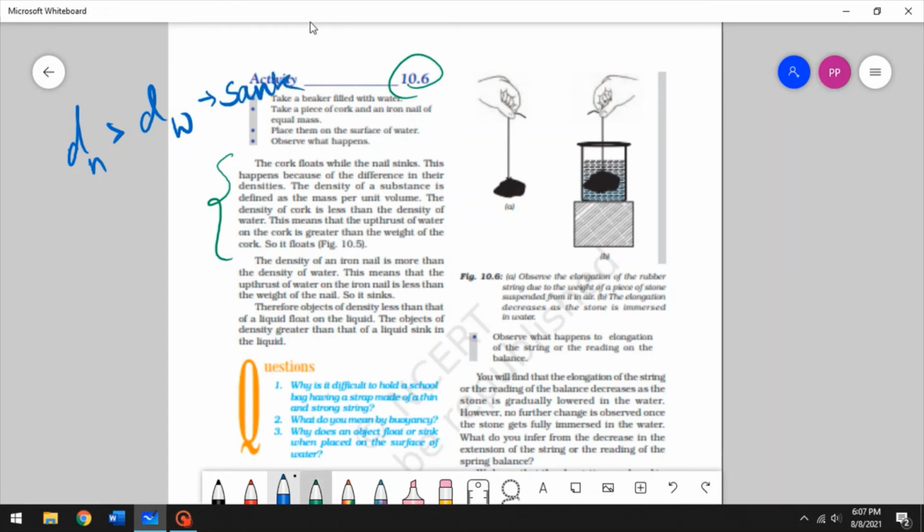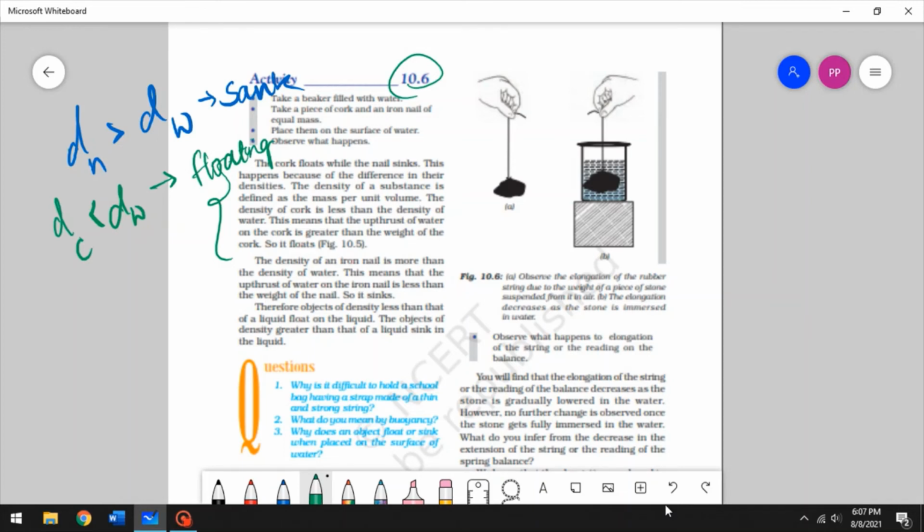However, the density of cork was less than the density of water, so it floated. So we saw that the cork was floating. The density of an iron nail is more than the density of water, that's why the nail sank.